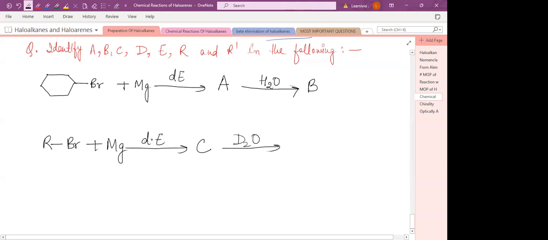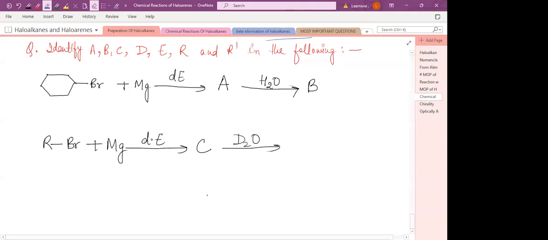See, D2O is just like water. What is H2O? Water, dihydrogen oxide. So this is deuterium oxide. Deuterium is an isotope of hydrogen, so it is similar to hydrogen. So we just use D2O instead of water.